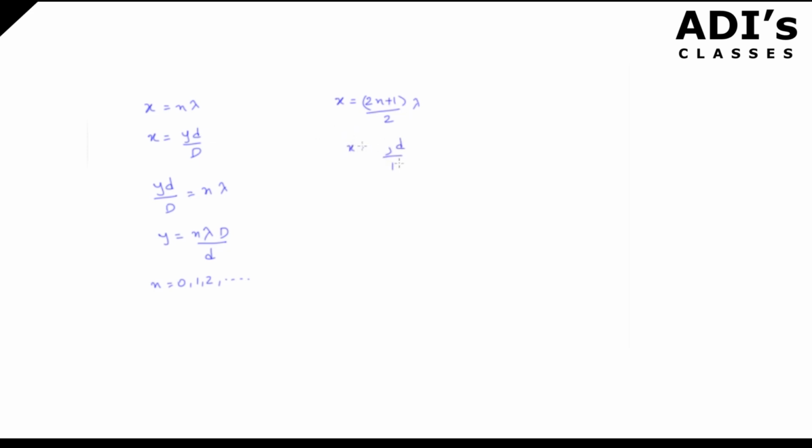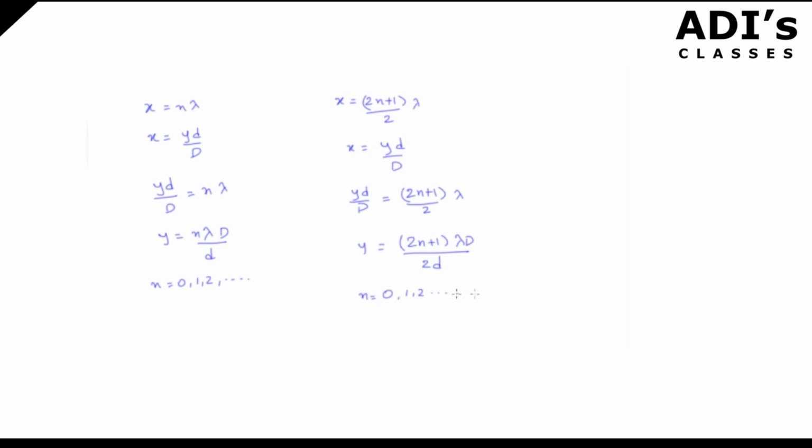When I said put n is equal to 0 for the first one, I meant the central bright fringe, which is at O. If you are considering the central one, then n is equal to 0. For the first bright fringe from the central one, put n is equal to 1. For the second bright fringe from the central one, put n is equal to 2. This is how it goes.